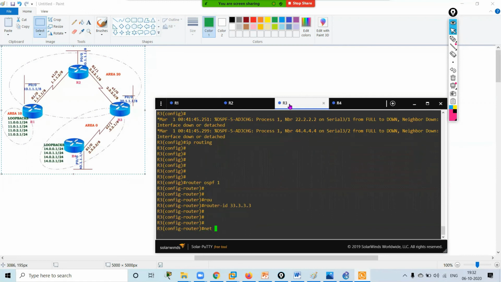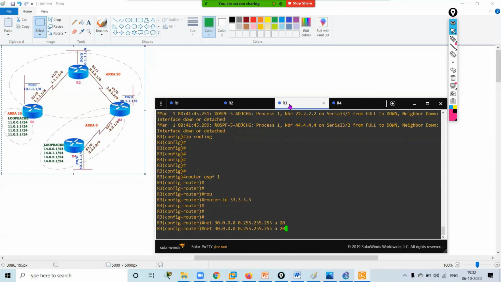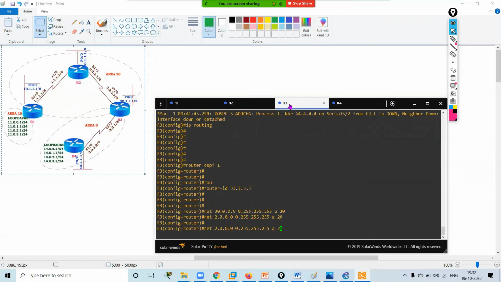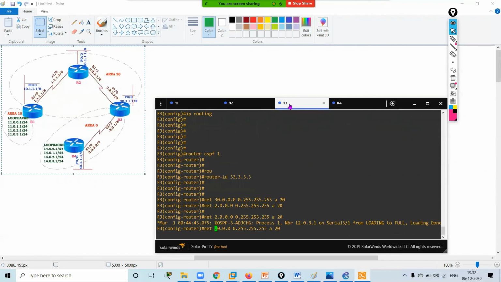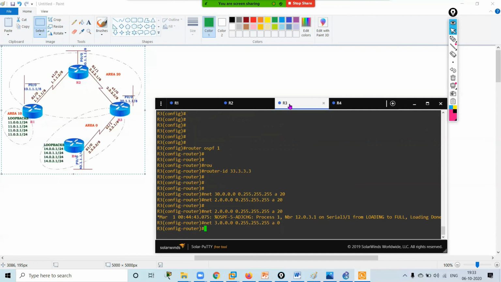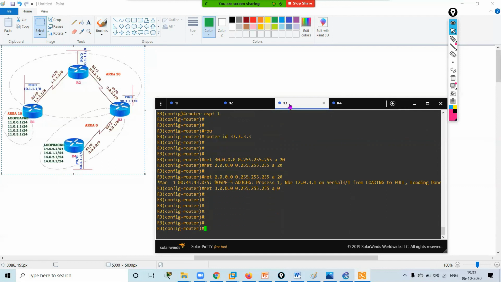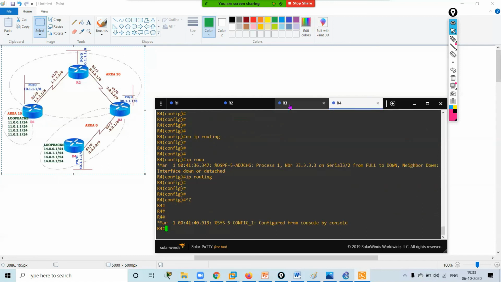Then network, as per my plan, 30 dot network is in my area 20, 2 dot network is also in area 20, and 3 dot network is in area 0. Okay. So see, I formed a neighborship over here with 12.0.3.1.